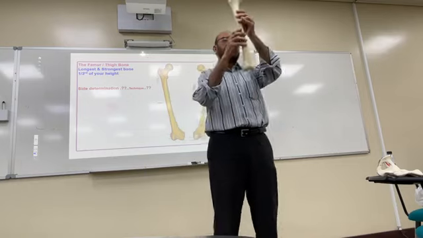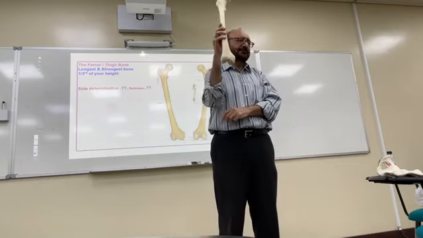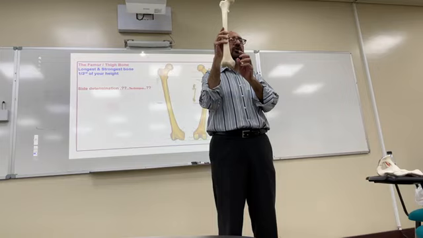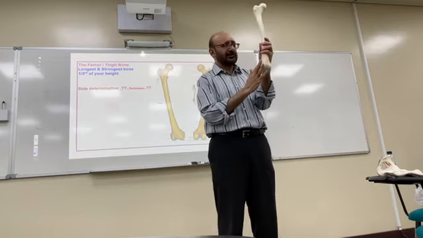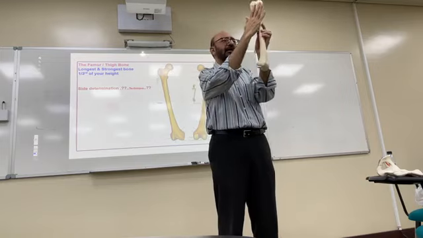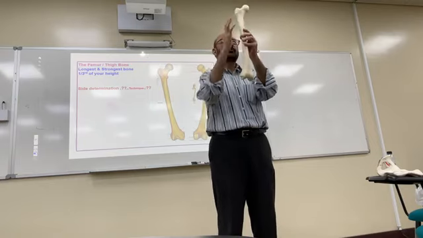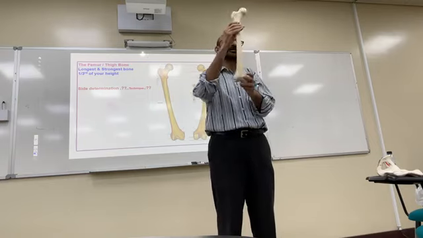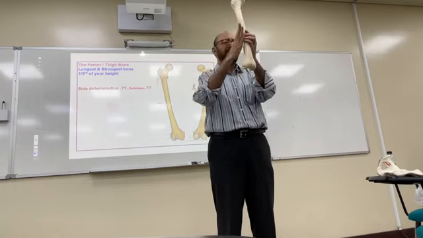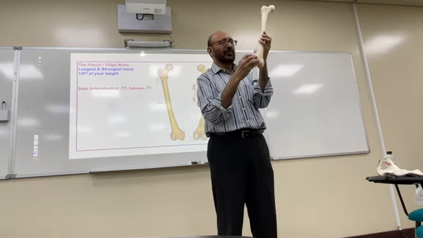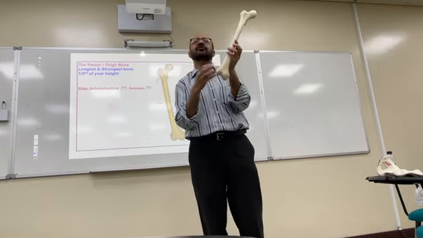It looks like the medial condyle is bigger, but the more weight transmission is on the lateral condyle because it is more in line with the bone. Especially in anatomical position it becomes even more in line with the bone. So it's smaller in size, but it bears more weight.